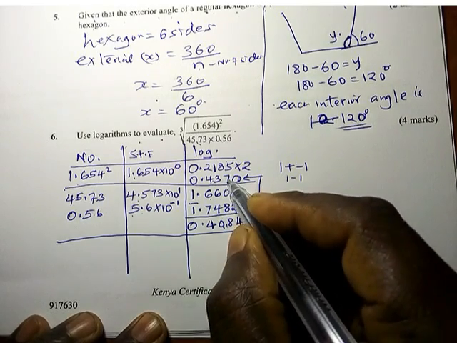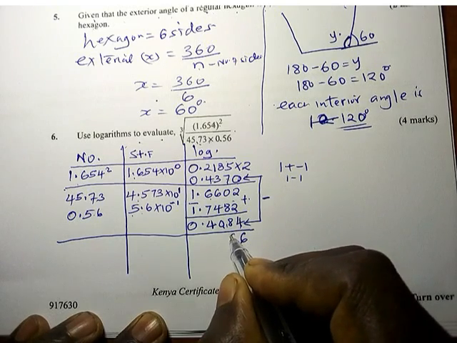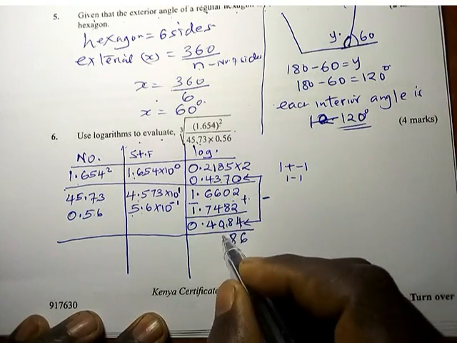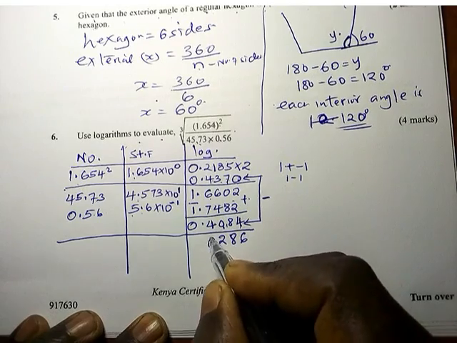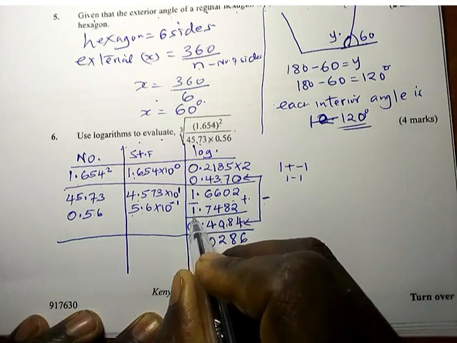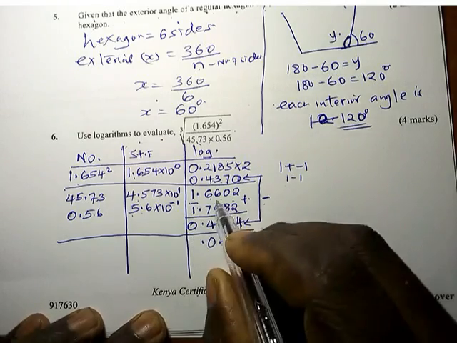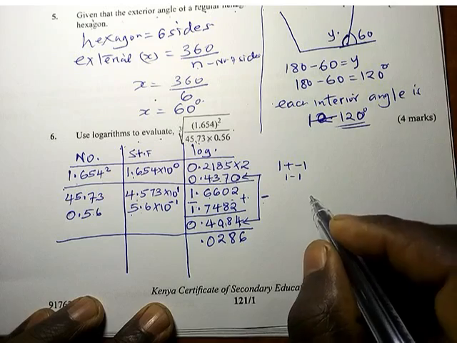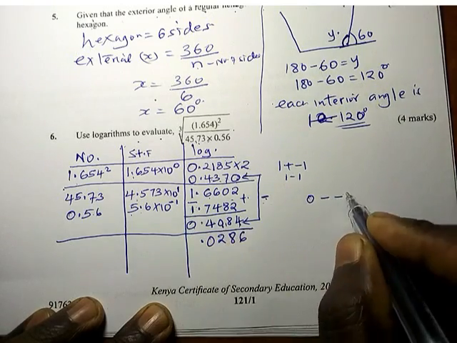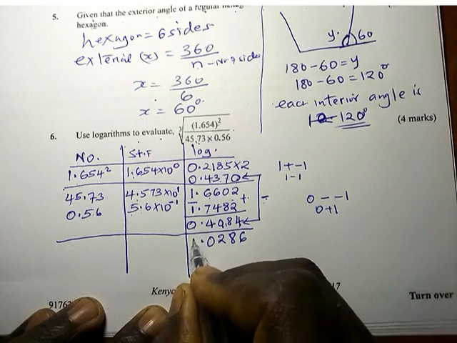We remain with 6 minus 8, that is 16. We borrow 1, that is going to be 8. Here it is remaining 2 minus 0 is 2, and this one is 0. 1 minus 0. So we have here 0 minus 1. That one is 0 plus 1. And here it's going to have 1.